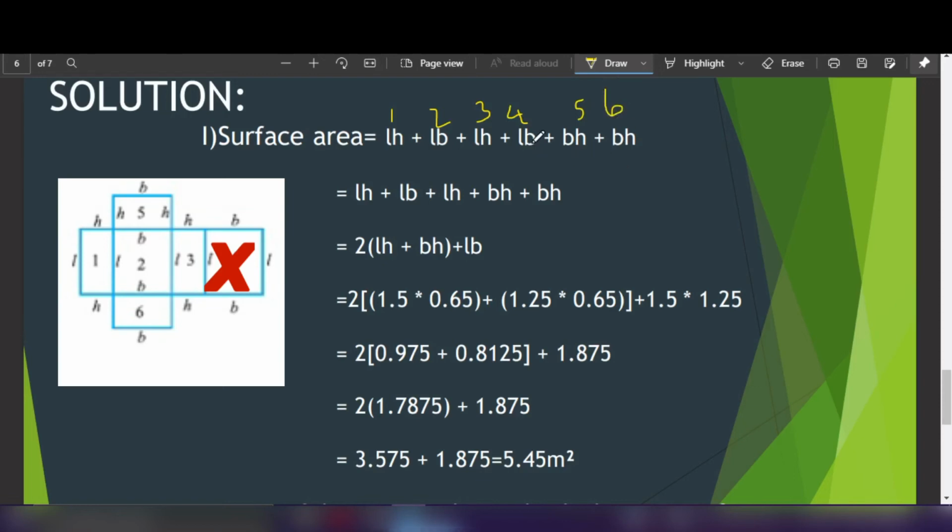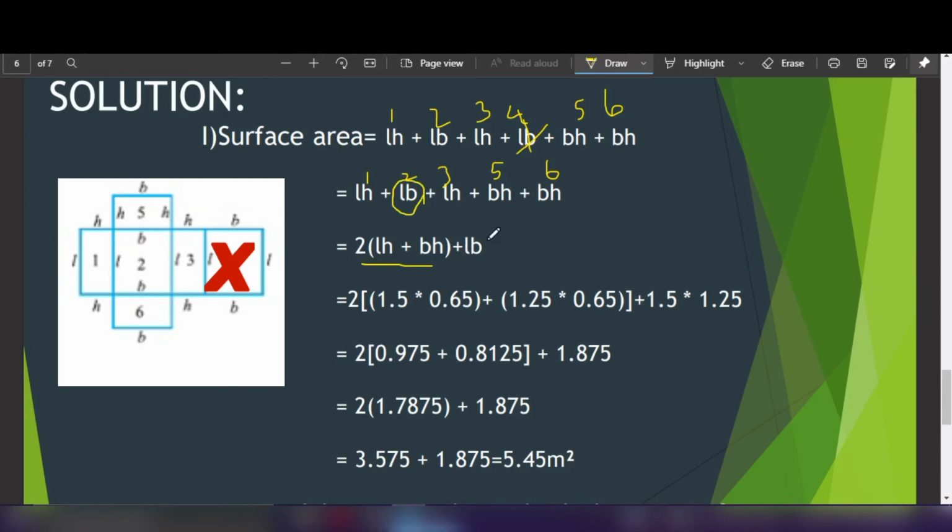Now the box is open, so face 4 will not come. You should not include it in the area calculation. So now we have to include only 1, 2, 3, 5 and 6. When you simplify this, you'll get 2 LH terms and 2 BH terms. So taking 2 outside, you'll get 2 times (LH plus BH).